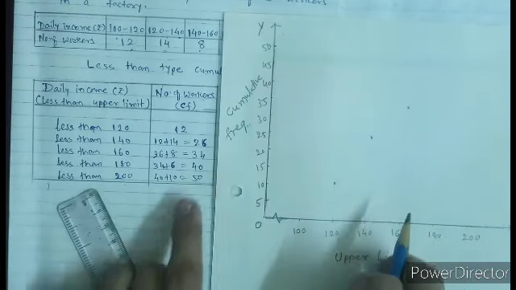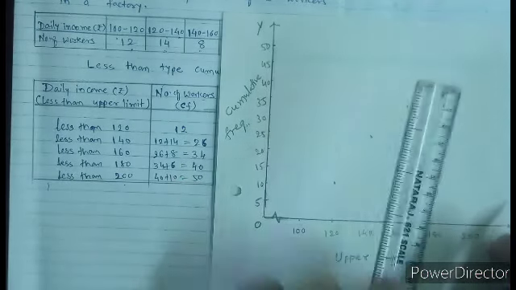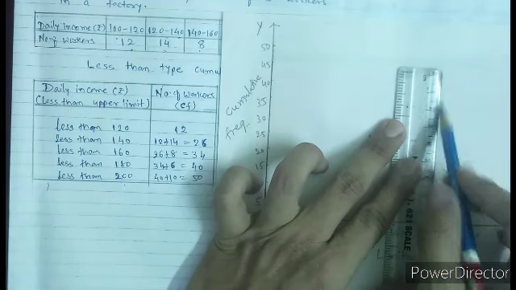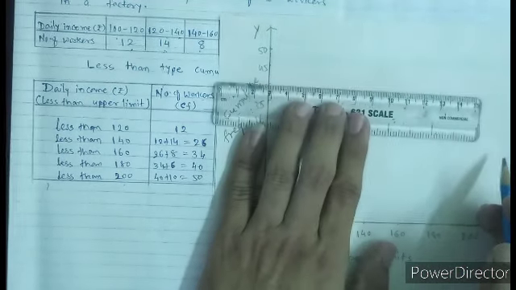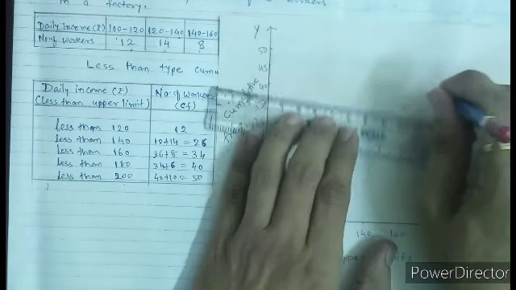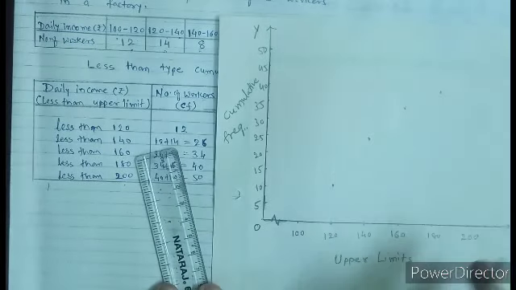Then the next is 180 and 40. For 180, I'll get the line like this, and then the 40 will be here. So this point is obtained here. This is 180 and 40.